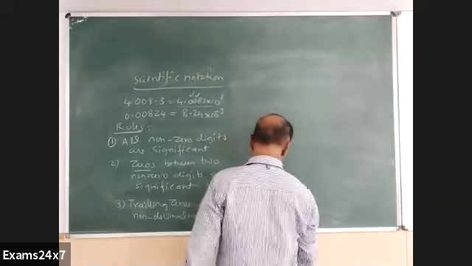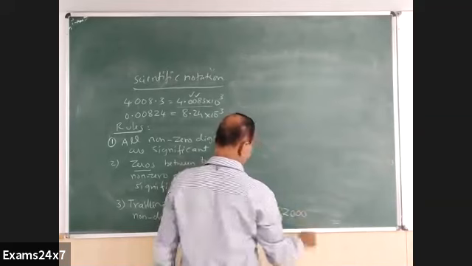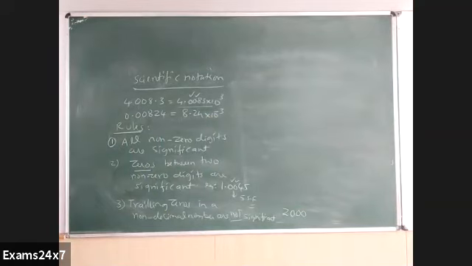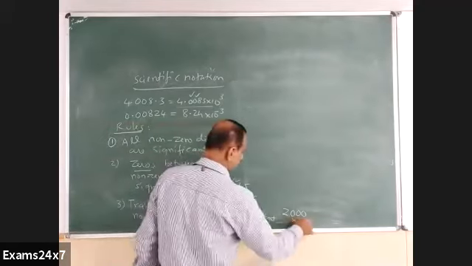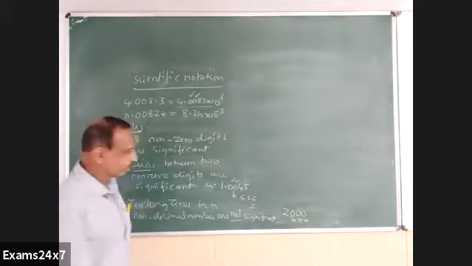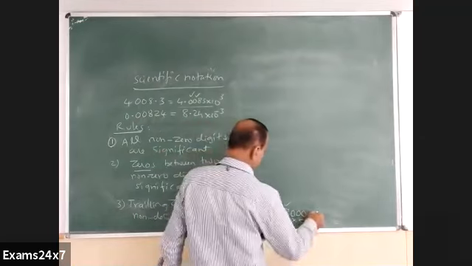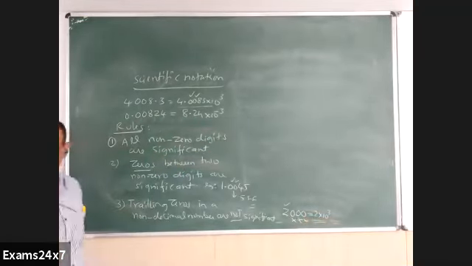Example for this: 2000 has how many significant figures as per this rule? These are trailing zeros, following zeros. Only one, because these are not significant as per this rule. There is only one significant figure, which can also be written as 2 into 10 to the power of 3.